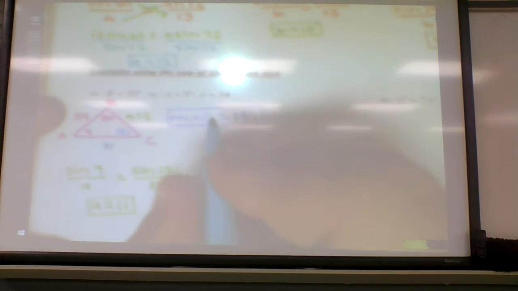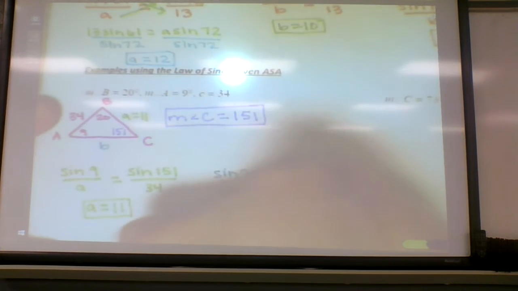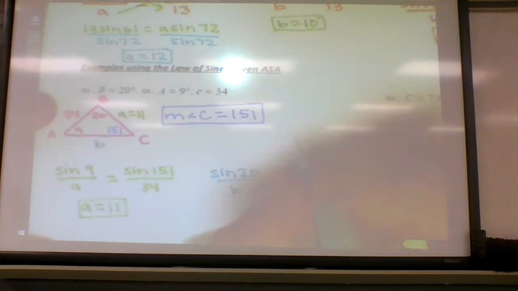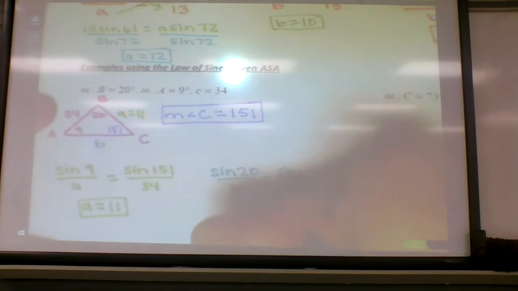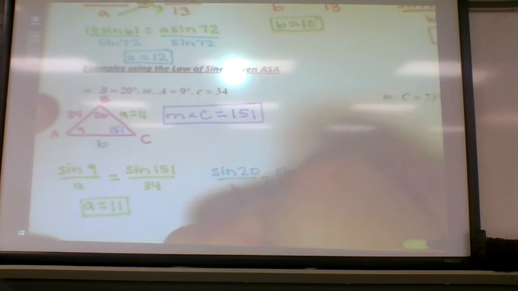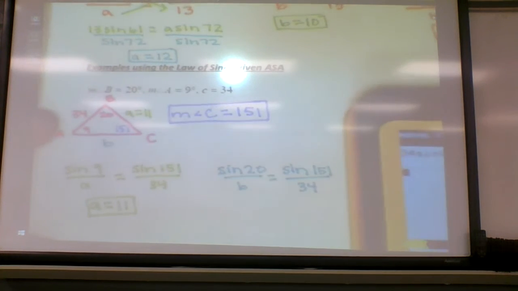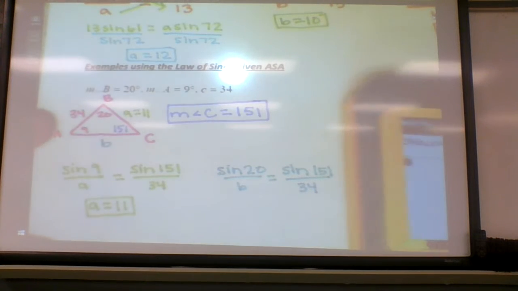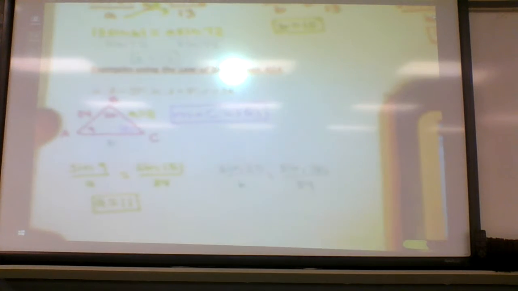So we have a sine of angle B over little b equals sine of angle C, because that was our original pairing, over little c. And the nice thing is we can just go back, because this is the exact same equation, the only difference is the 9 is now a 20.